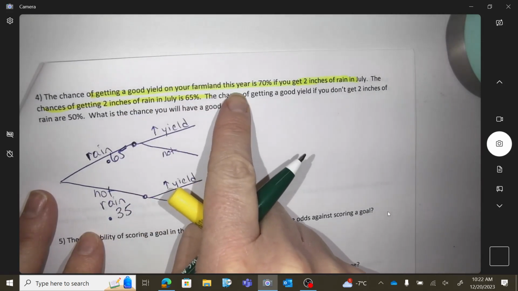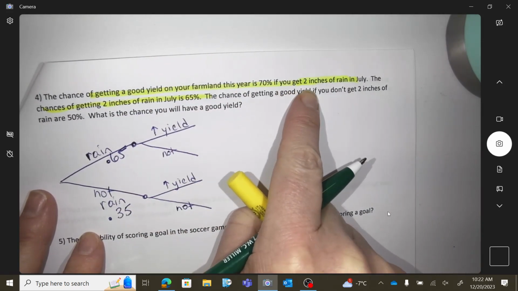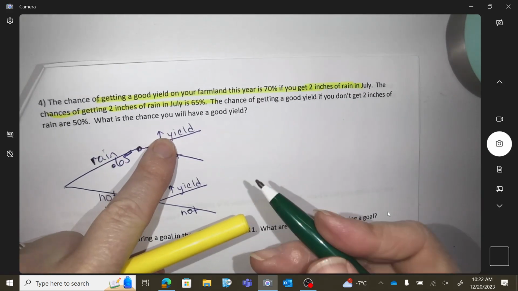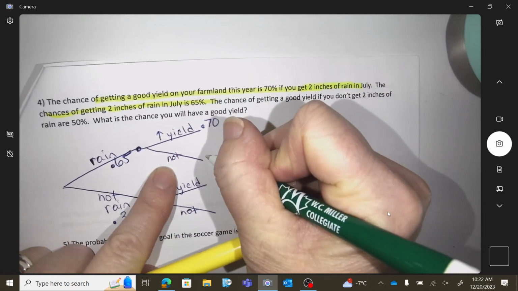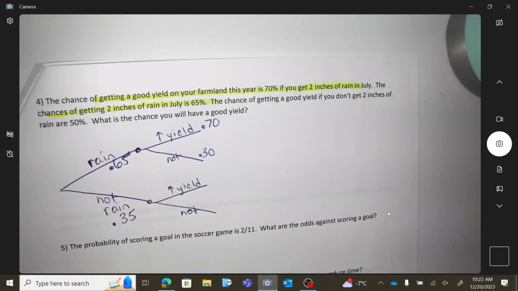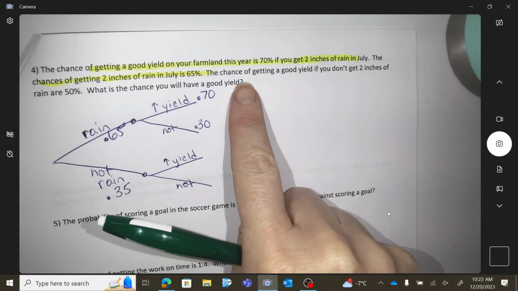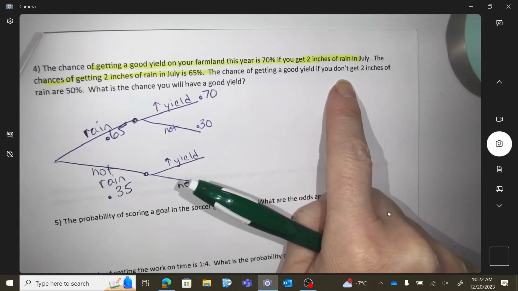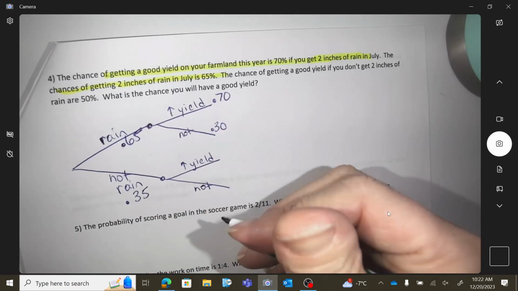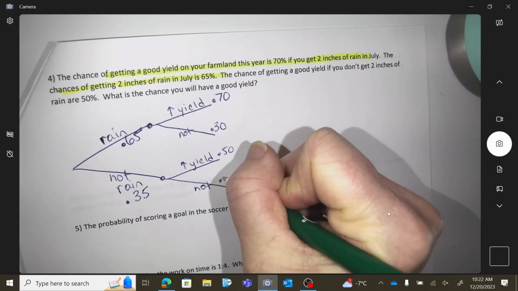Getting a good yield, you have a 70% chance if you had that rain. So if there was that rain, the good yield is a 70% chance, which means 30 not. And then the last part, the chance of getting a good yield if you didn't get that rain, now you're only going to have a 50% chance. So then this one would be 50-50.